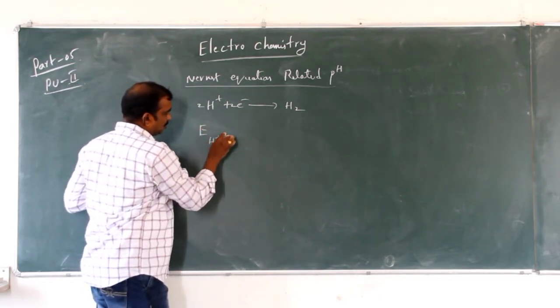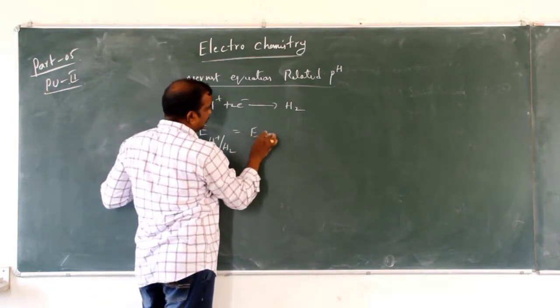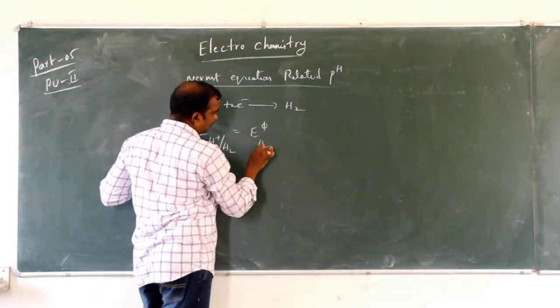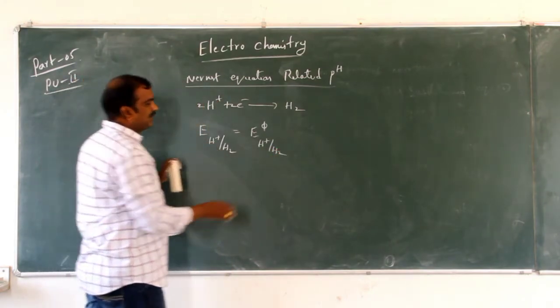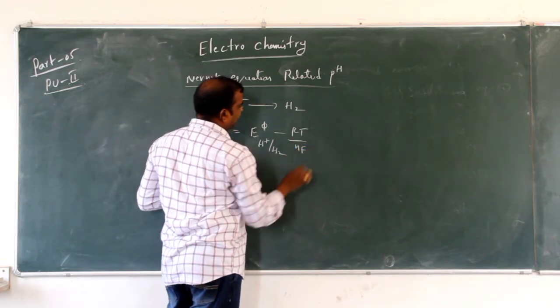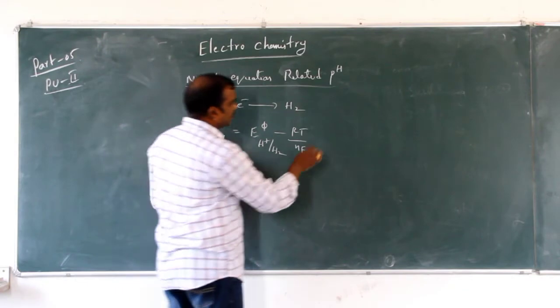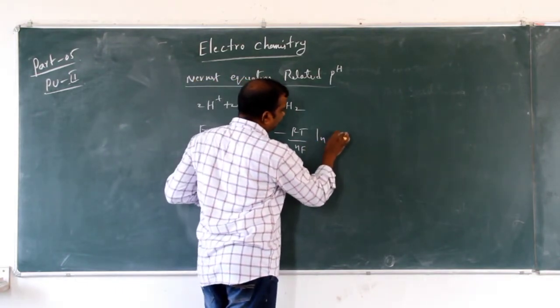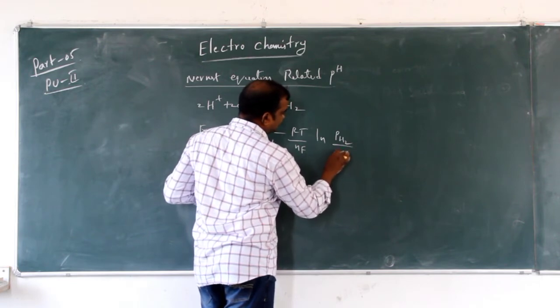So for this one, how can you write the Nernst equation? E cell for H plus to H2 is equal to E naught cell for H plus to H2 minus RT by nF ln pH2 by H plus concentration.